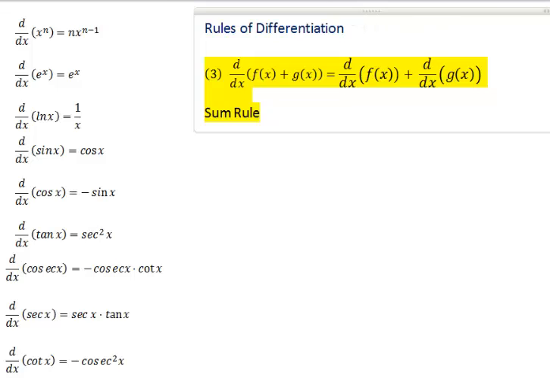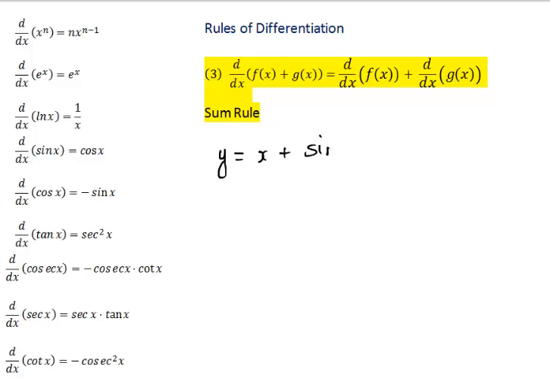For example, if we have a function y is equal to, let's say, x plus sin x, then you can see y is a function of x and appears as a sum of two functions, x plus sin x. So this is our f(x) here, and this is our g(x).